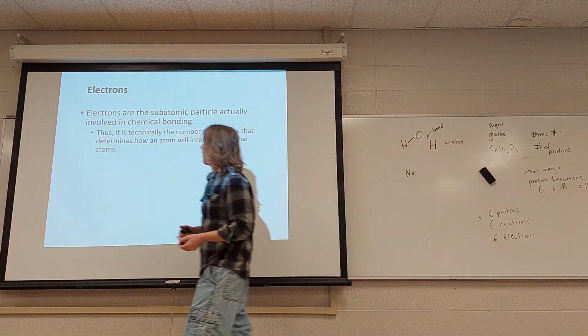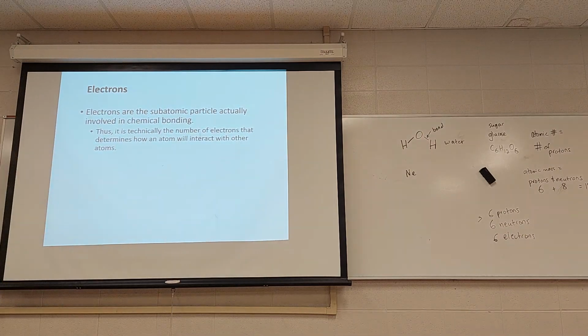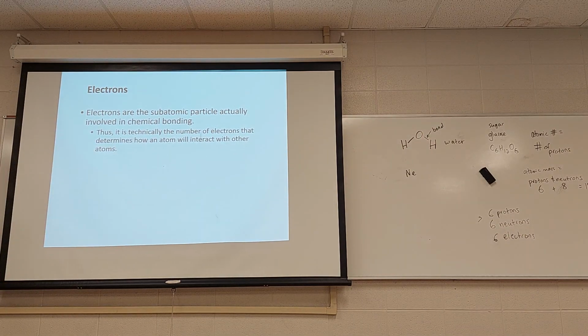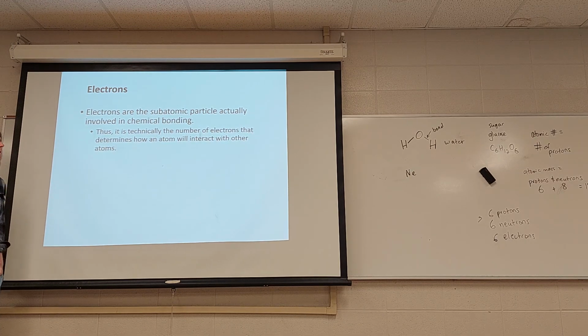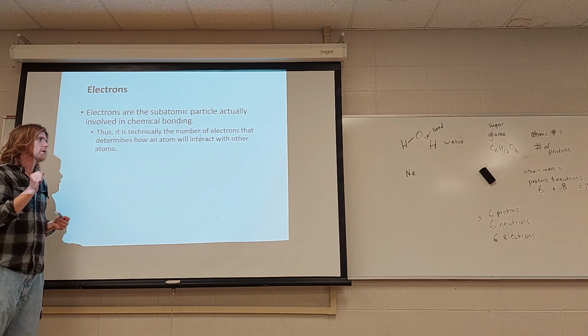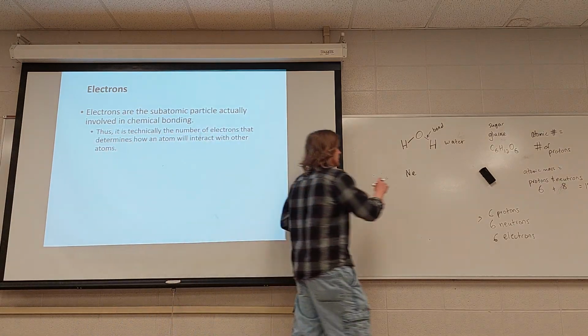The subatomic particle that actually does stuff with others is the electron. So electrons are the subatomic particle that's actually involved in forming bonds, and thus, technically speaking, the number of electrons determines how an atom will interact with other atoms.